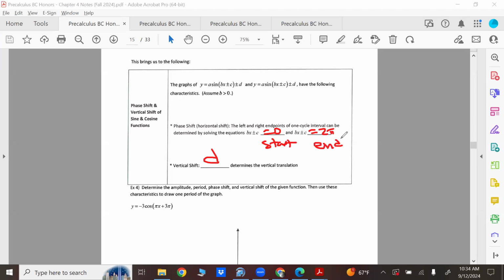I already said that. You set the inside equal to 0 and 2 pi. But really, I just set it equal to 0, find my period, and add that period to the starting point. That's what I like to do. So we're going to try this again for example 4.